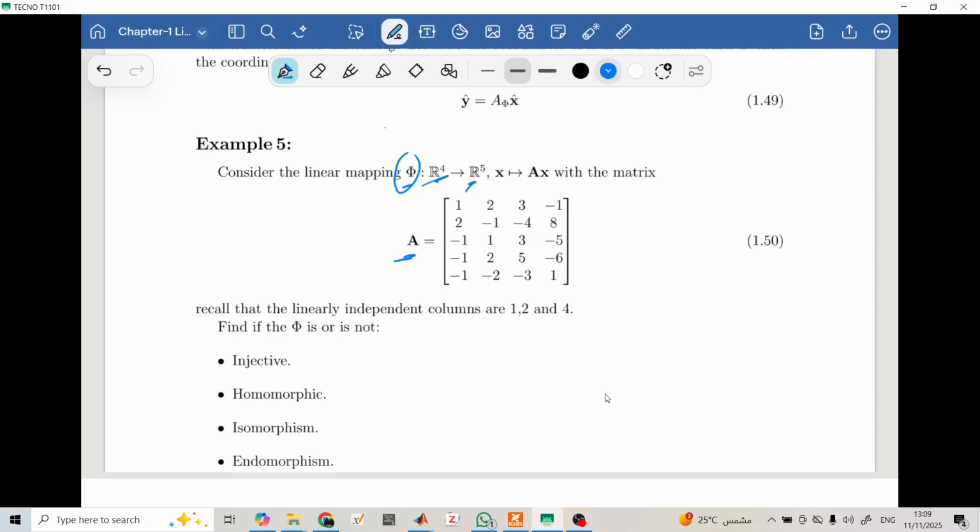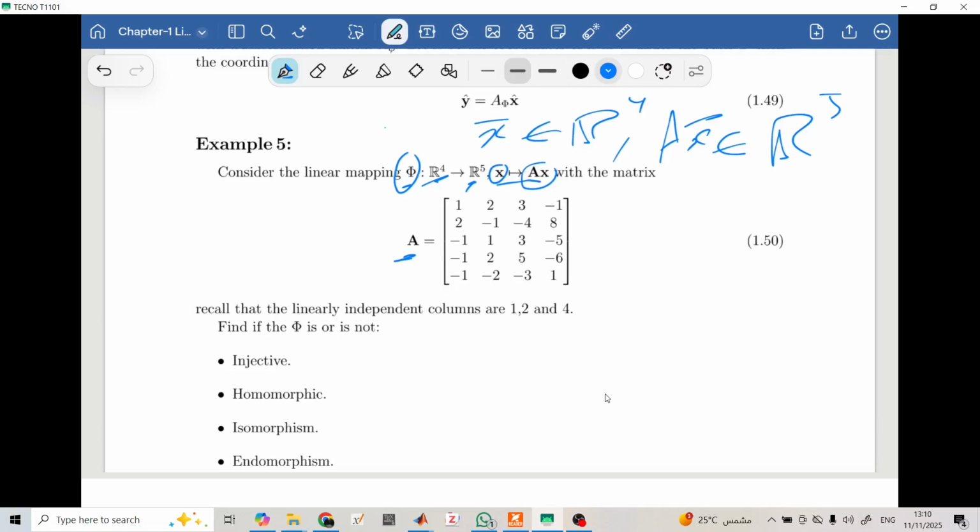We denote it by this. So x here belongs to R4, and Ax, which is here, belongs to the codomain R5. This is very important. From this you can infer the size of the matrix A.